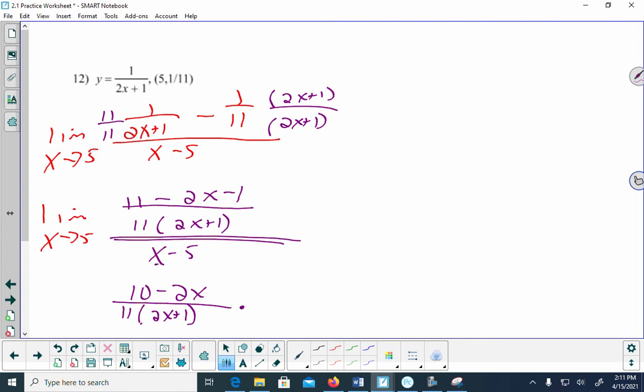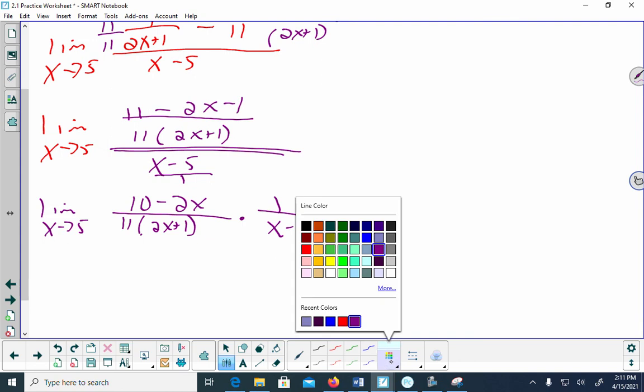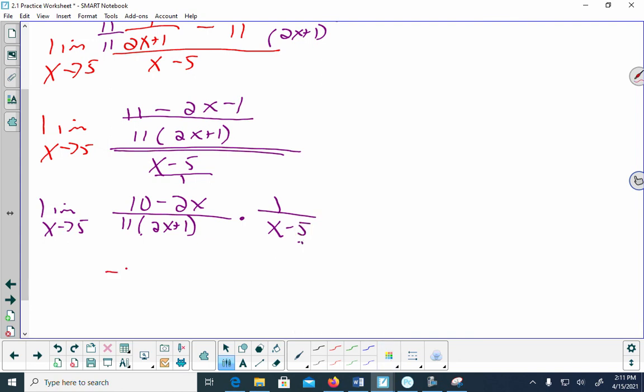Then I'm going to multiply by the reciprocal of this, so I'm going to multiply by 1 over x minus 5. Still taking the limit as x approaches 5. Still can't do direct substitution because it'll make this denominator equal to 0. But I see here that I can factor out a negative 2 and make that negative 2 times x minus 5. And then I'm taking the limit as x approaches 5.